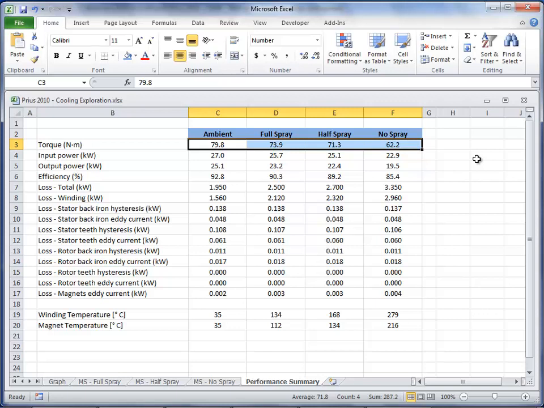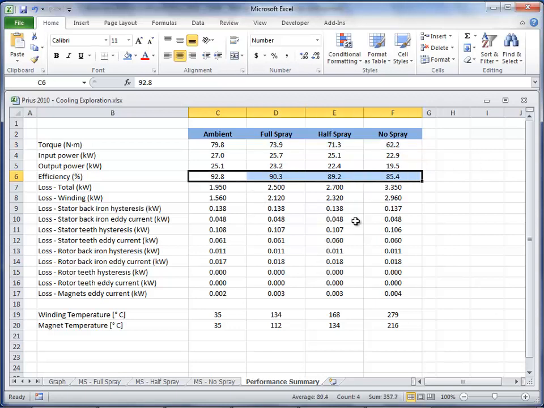The half spray is 71, and with no spray it's all the way down to 62 Newton meters. The efficiency, which started at almost 93%, drops to 90% with the full spray after the full transient, 89% efficiency for the half spray, and then the no spray is only 85%.